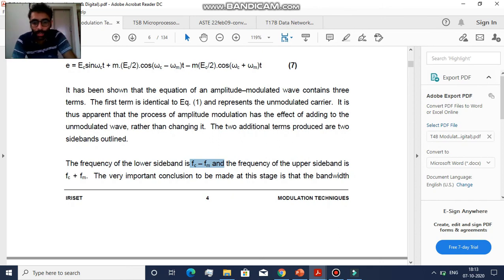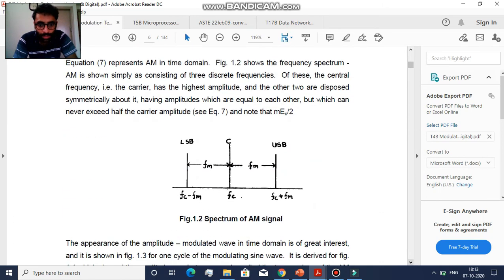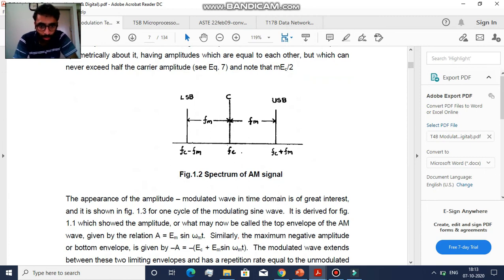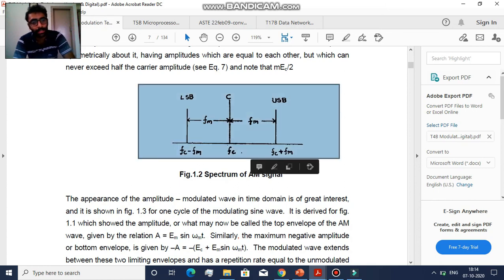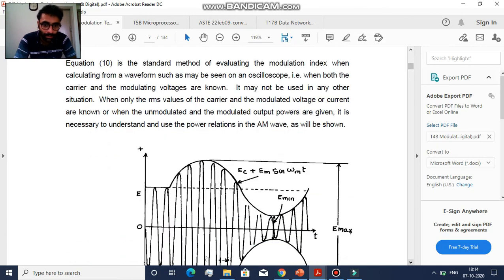If you look at the spectrum of this signal, you would see three components, fc minus fm, fc and fc plus fm. This is your lower sideband and this is your upper sideband. The difference between carrier frequency and lower sideband is fm, and the difference between upper sideband and carrier frequency is fm.